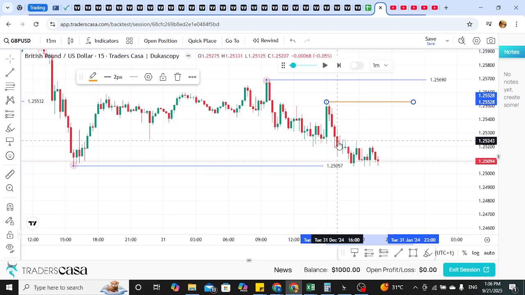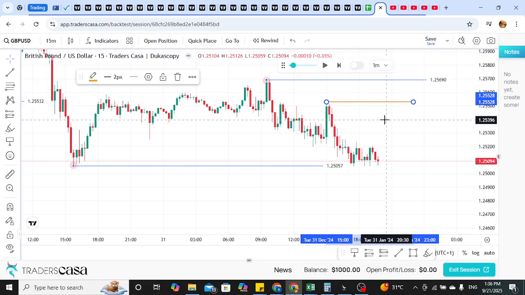And this is a pullback, but not for a lower low than this. Okay, so this becomes the inducement, and since this inducement is lying before the break, this becomes a minor inducement and this is a major inducement.